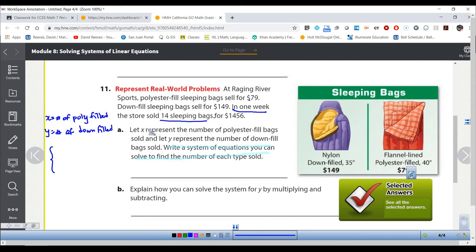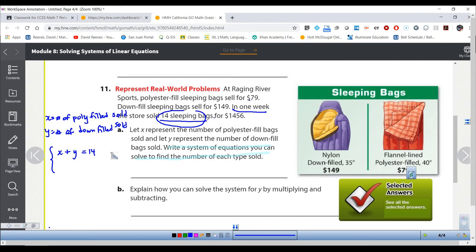So X is the number of polyester filled bags sold, right? Maybe I should write sold after here to make it clear. So what do we know? We don't know how many they sold of those, and we don't know how many they sold of those, but we know they sold 14 total, don't we? Does that make sense?